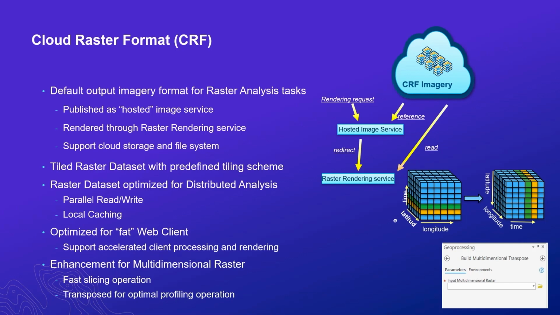It supports cloud storage and other file systems, right? It is a raster dataset which is tiled with a predefined tiling scheme to make it much easier to read and write in parallel. It also has local caching. It is also optimized for your fat web client, and it has been extended to support multidimensional raster for slicing operations, probing, or profiling.